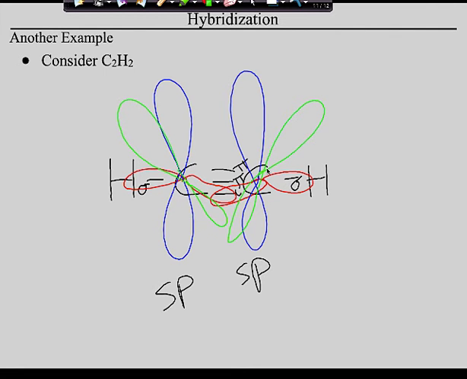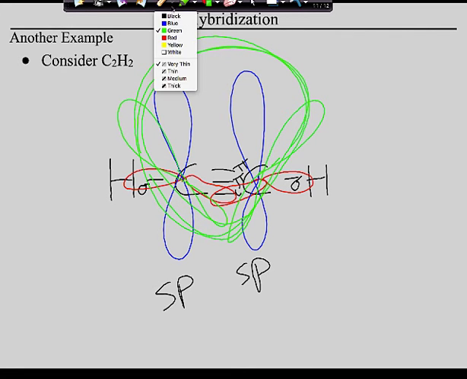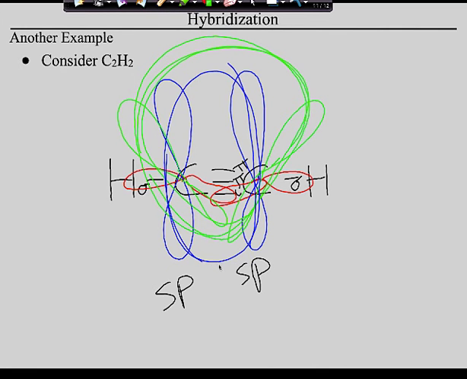And then, guys, what happens is these things overlap twice. So these that are in the same plane create an overlap, one of the pi bonds, and then the other unhybridized p orbital, that is 90 degrees to that one, creates another pi bond, and you end up with the triple bond forming.